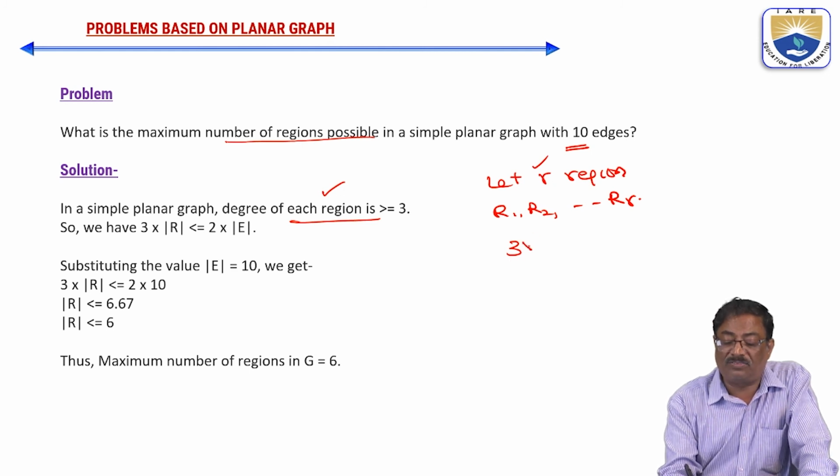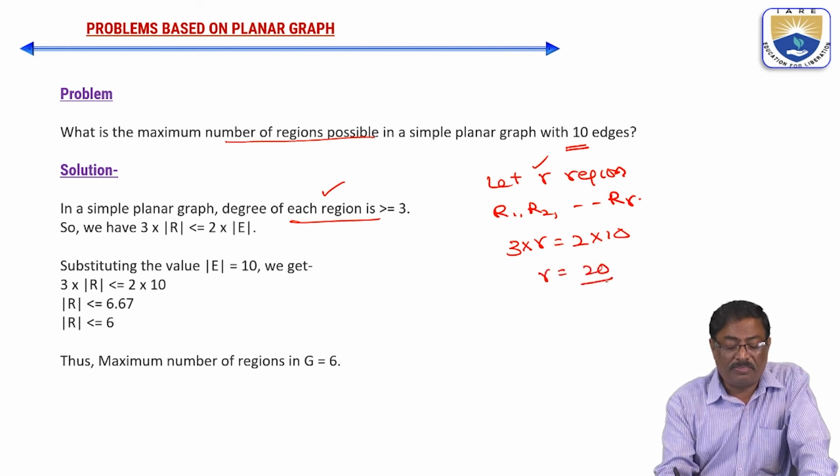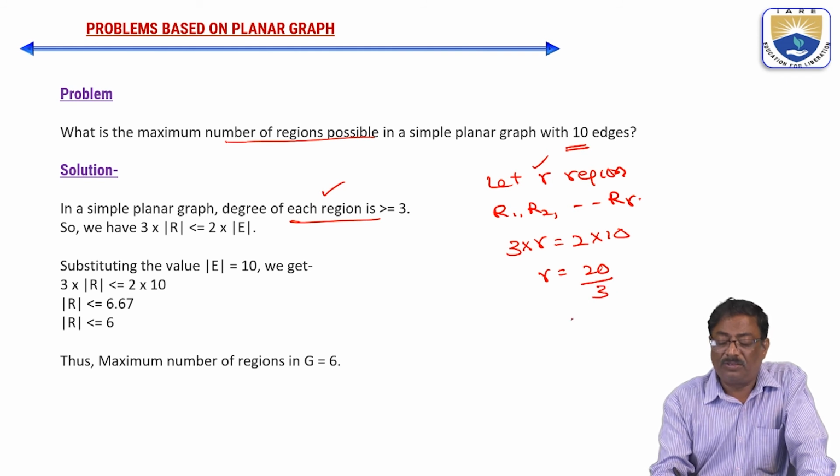There are r regions, so 3r is equal to 2 into the number of edges. The number of edges is 10. So r is equal to 20 by 3, which is nothing but 6.67.